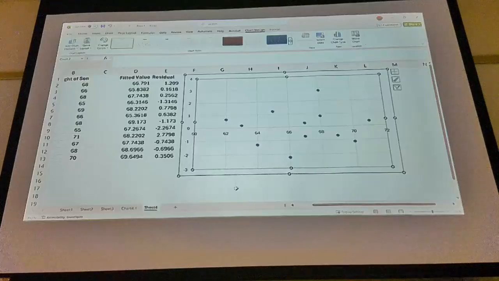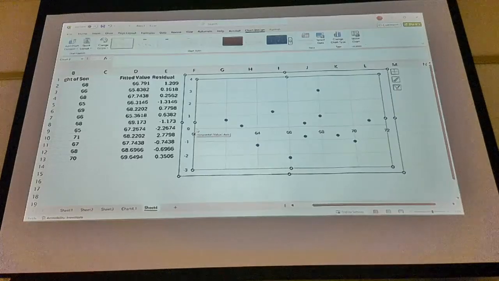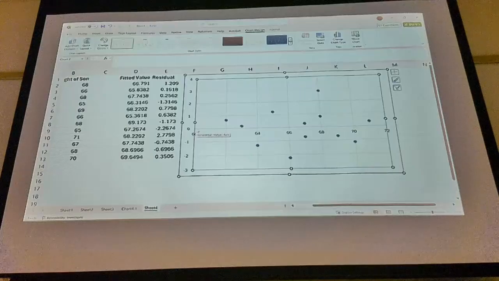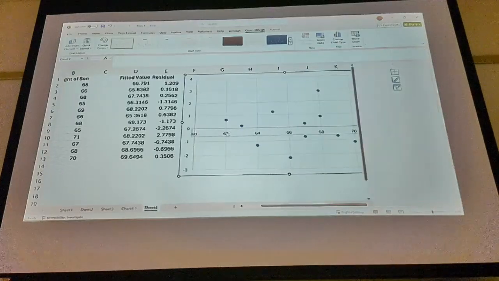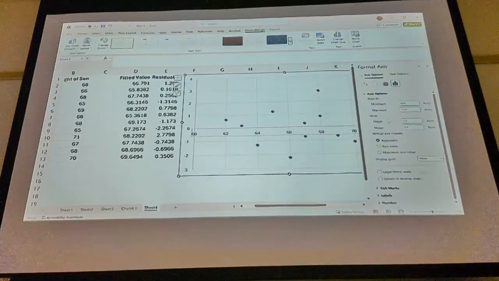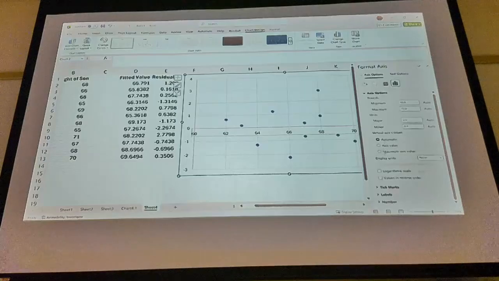But I don't like where this is located. I don't actually like that it's crossing there. So if I double click it, see down here, it says vertical axis crosses. I'm going to change from automatic to an axis value. And actually, no, I will keep that as automatic because that one I don't want to change.